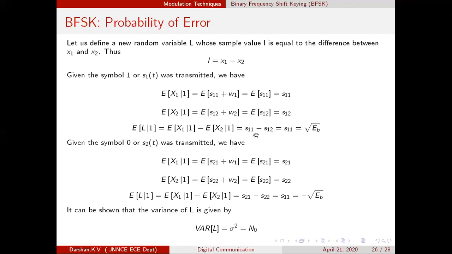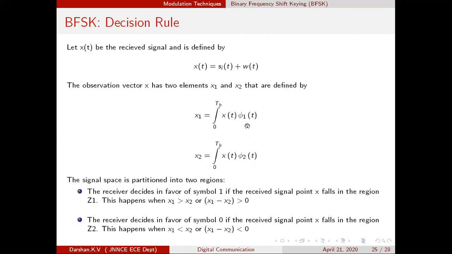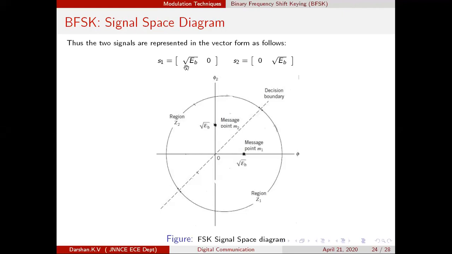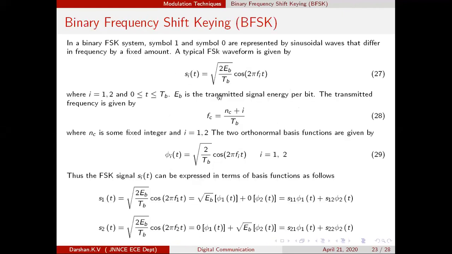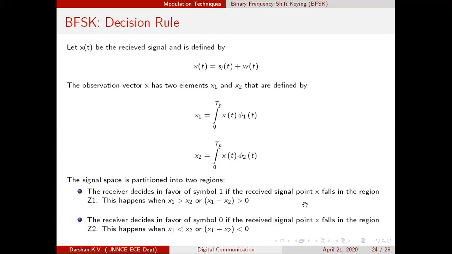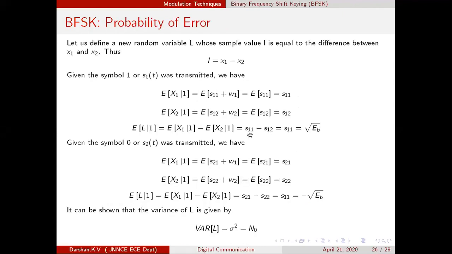Now, if you observe what S11 and S12 are, you can either use this equation or this, so better you can analyze. S11 is root EB and S12 is 0. Applying that, this value is equal to root EB.